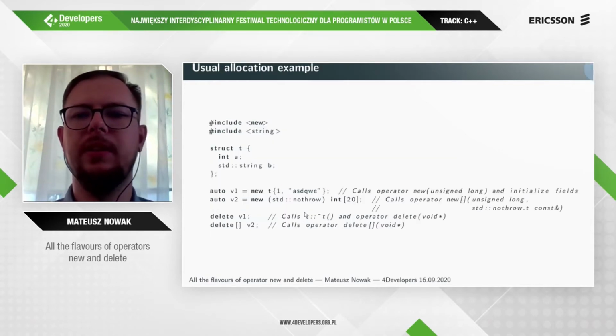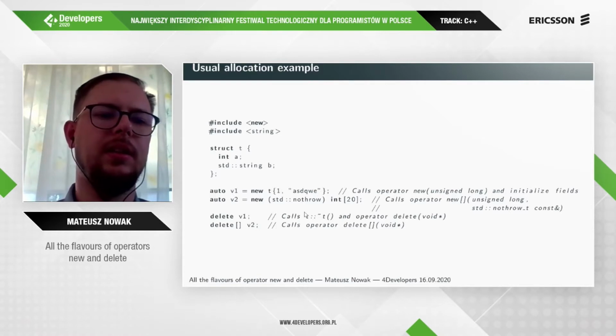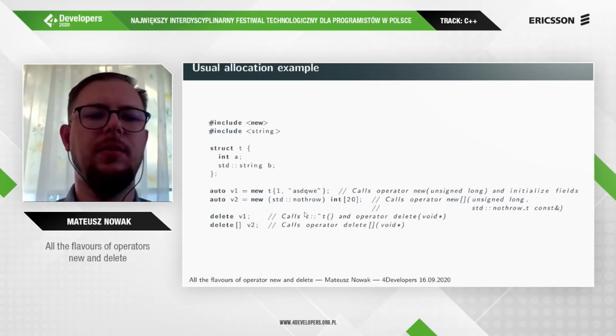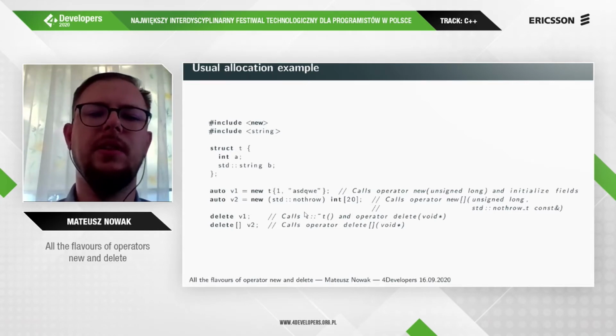Moving forward, let's see an example. Here it will be a pretty simple one. We have a class with two members. What we want to do here is first, as variable v1, allocate an instance of this class and initialize it with some value, which results in a call to operator new.